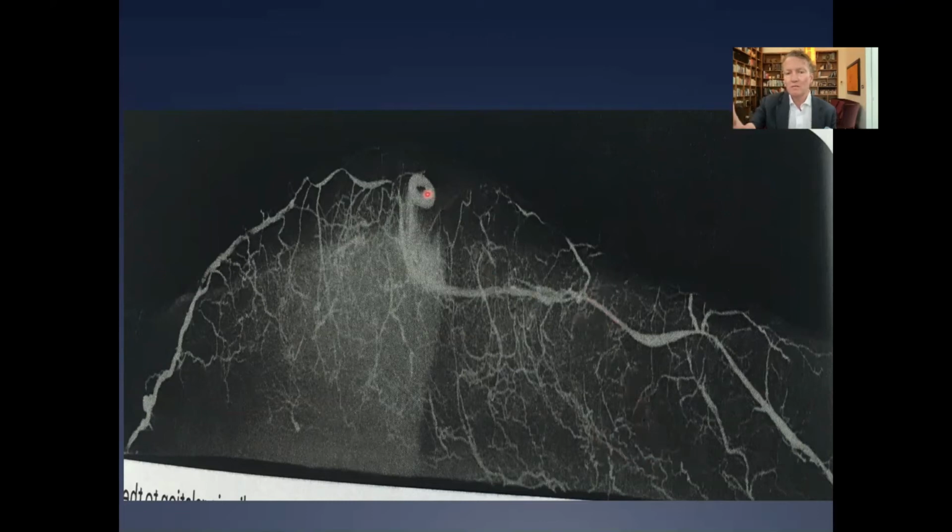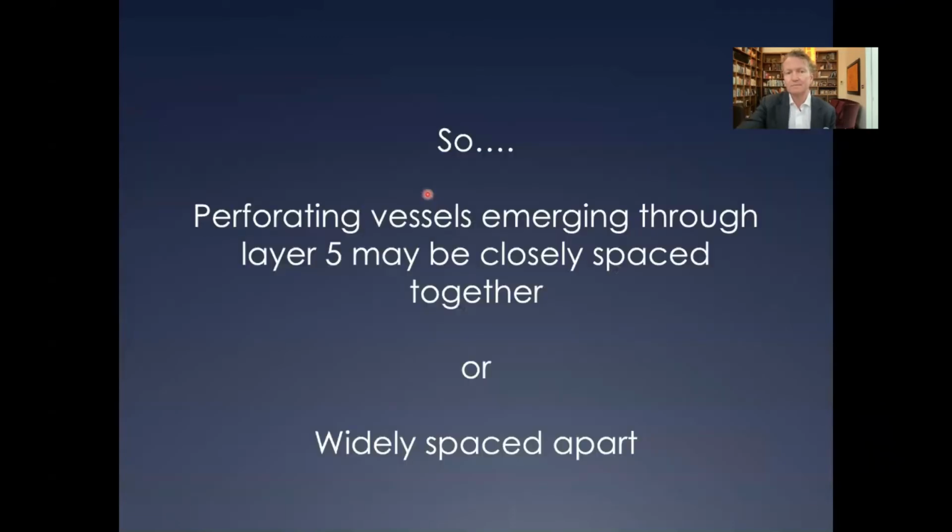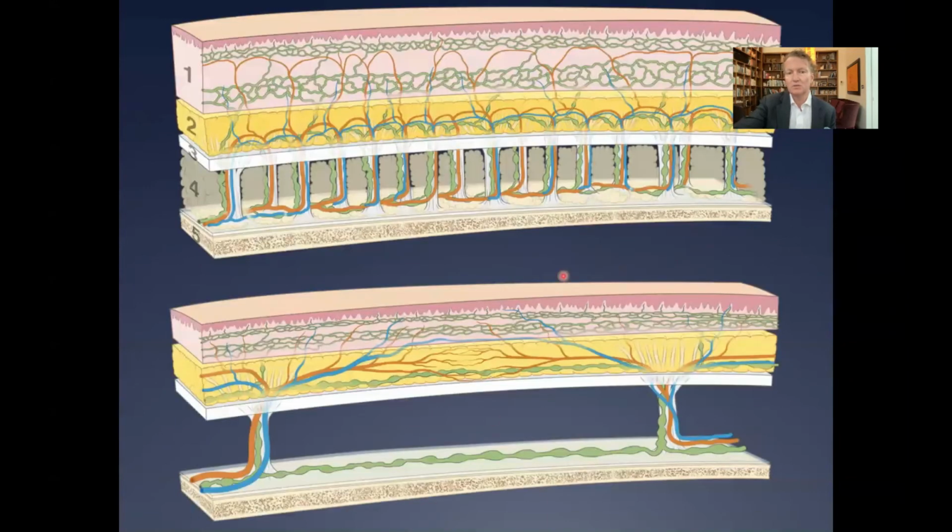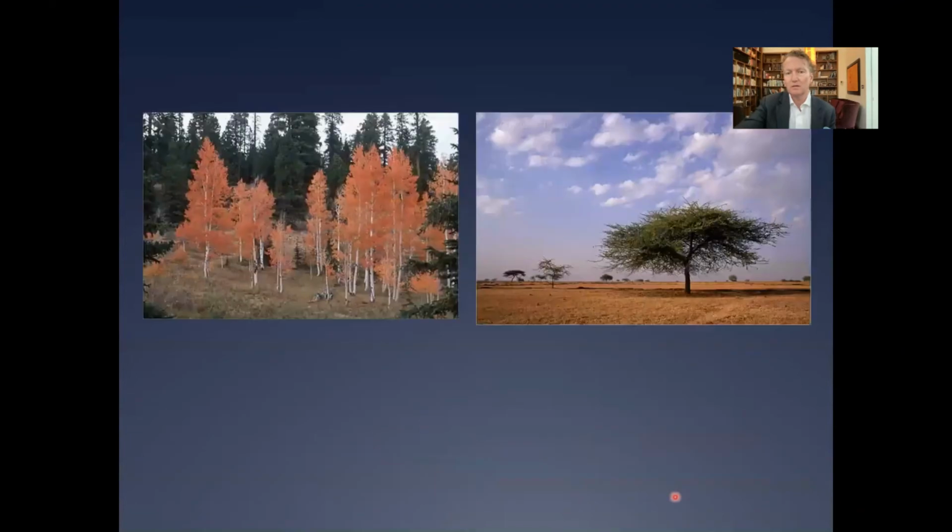So the movement of that tissue directly influences the vascular architecture or the vascular pattern. And therefore, perforating vessels emerging through layer 5 may be closely spaced together or widely spaced apart, as we talked about, because the ligaments are closely spaced together or widely spaced apart.